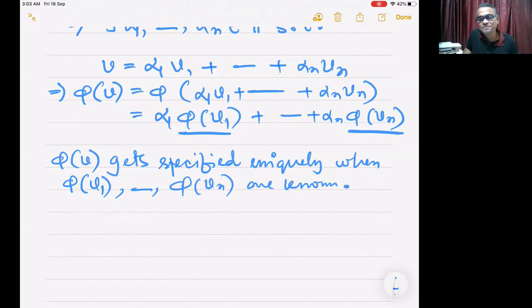Which means a linear map gets uniquely specified. Its action on arbitrary vectors gets automatically specified when you specify the map on the basis vectors.